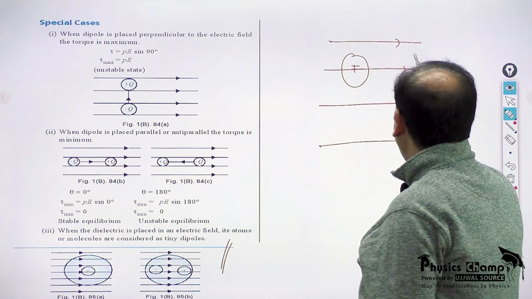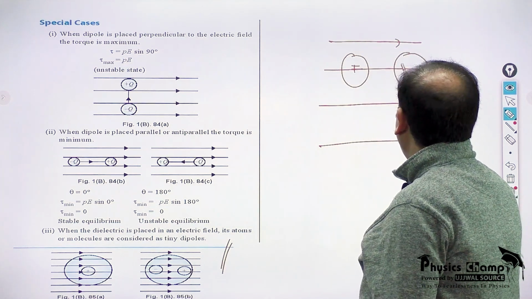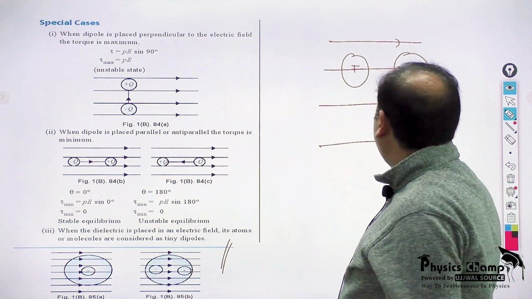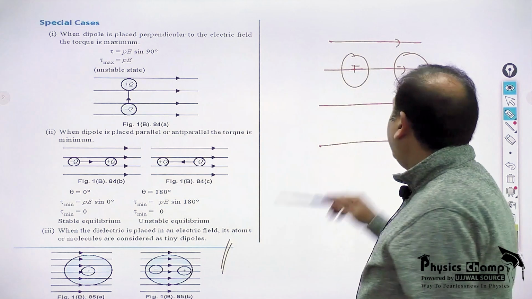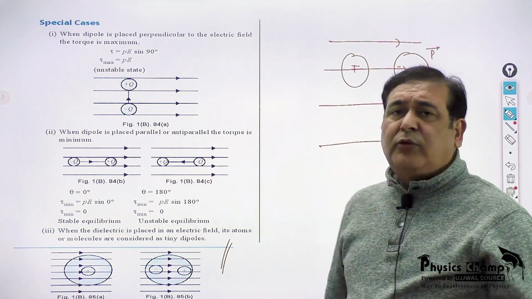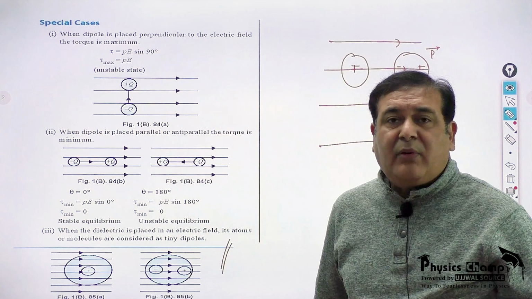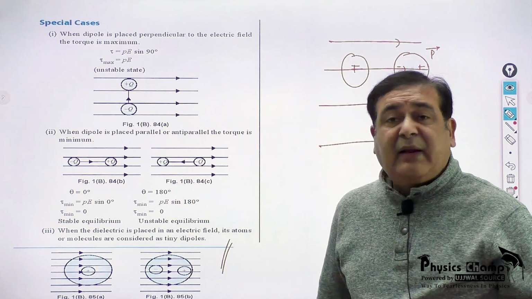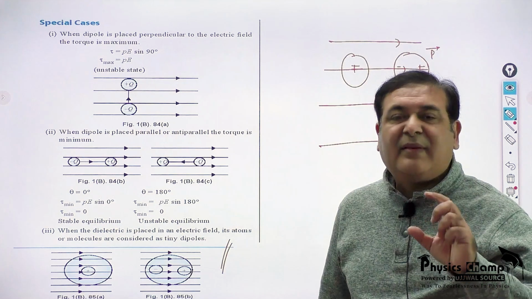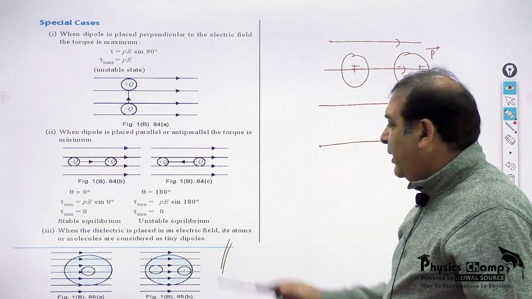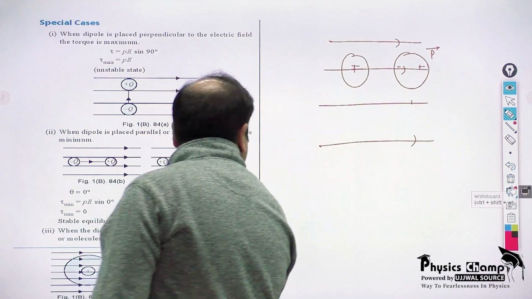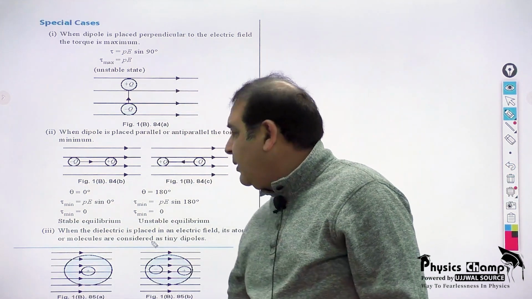But when you put it in the electric field, the positive charge goes a little ahead, the negative charge comes a little back, opposite to the electric field, and it develops a dipole moment here. So when the dielectric is placed in the electric field, it gains some dipole moment. This is another point that was mentioned here. So you learned about torque on a dipole in an electric field.